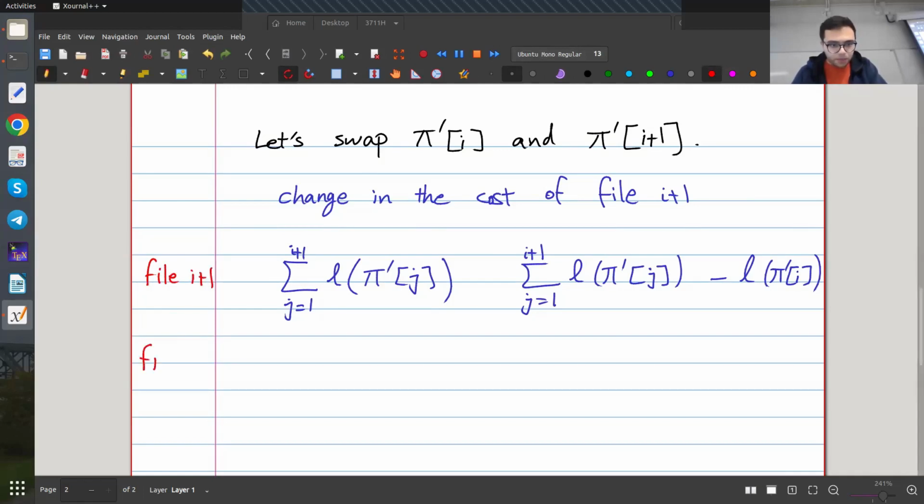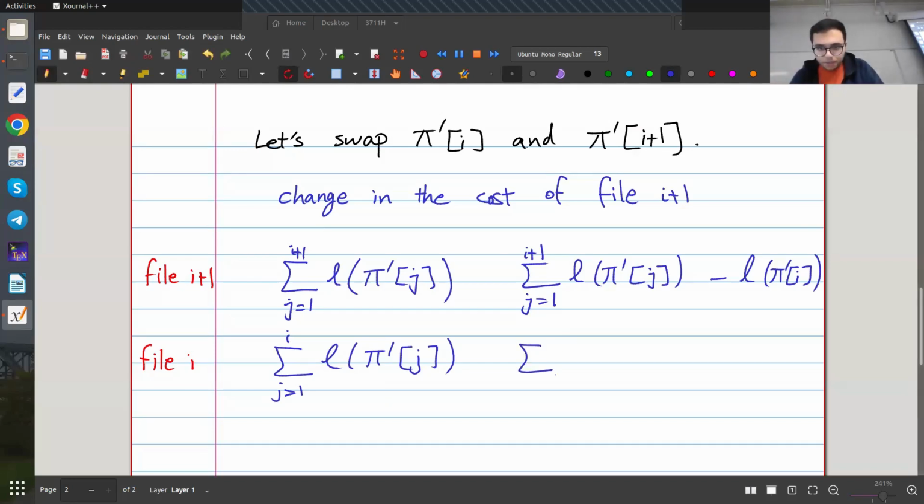Let's look at what happens to file i. Well, previously, the cost was, again, the same formula, except that it only goes to i. Basically, the sum of the lengths of everything up until index i. Now, it's, again, the same sum, but now I have also put file i+1 before this.